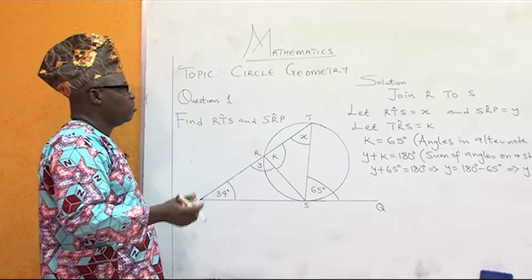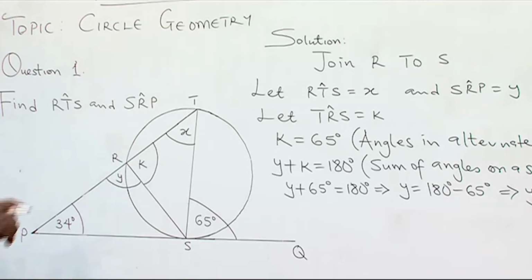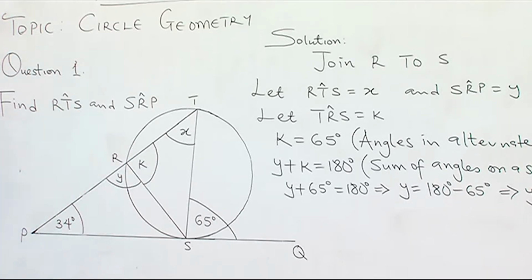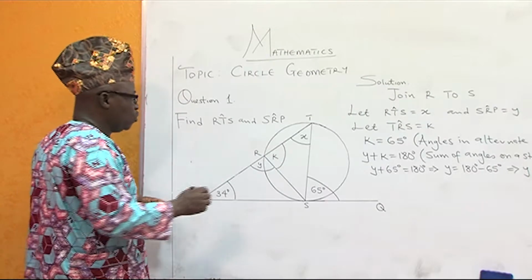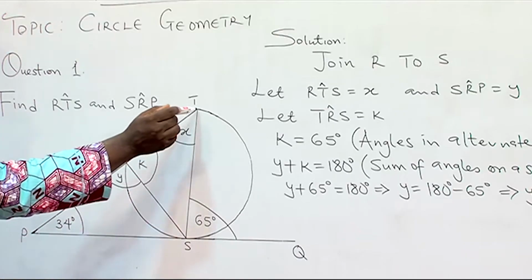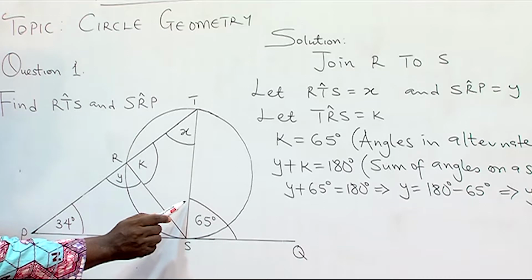The next thing we are looking for is to find the value of X, which stands for angle RTS. So at this point, I'm going to look at the triangle TPS. That is this particular triangle here. Looking at that triangle, this is the exterior angle of the triangle.